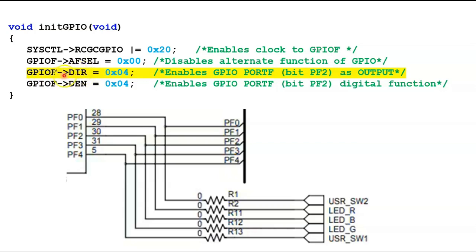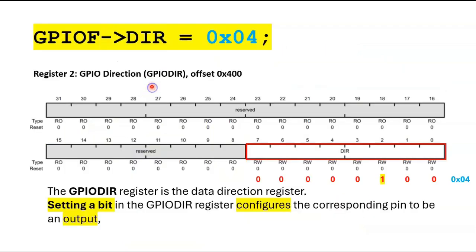The arrow operator basically is used to access the DIR member of the structure that GPIO F points to. So this is the GPIO direction register, or GPIO DIR, and these are the bits that we are interested in.